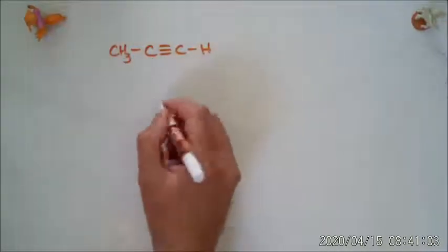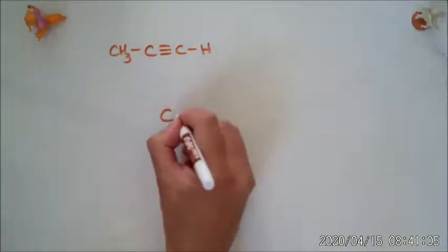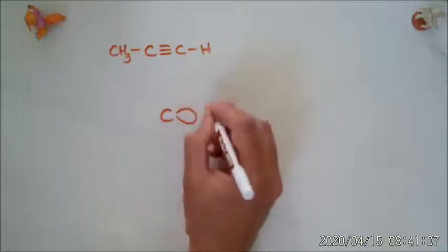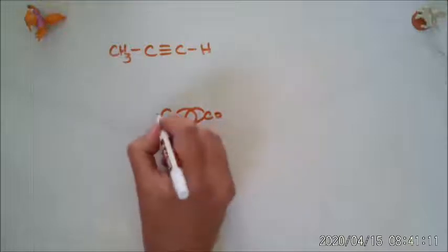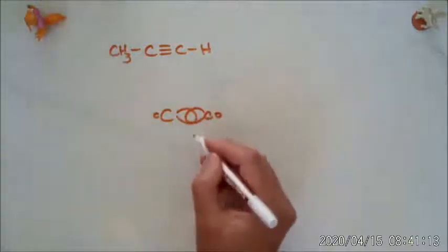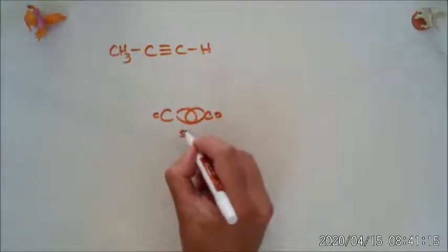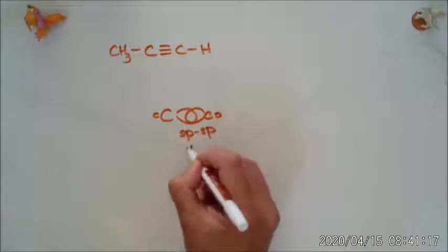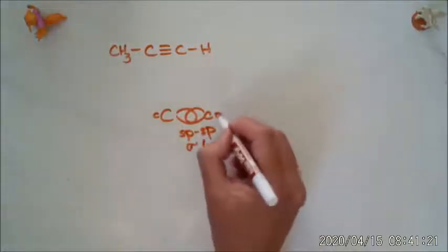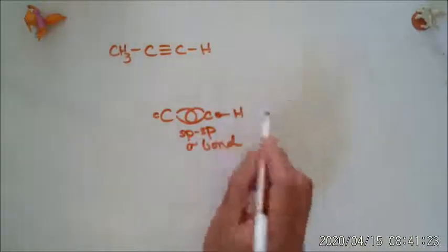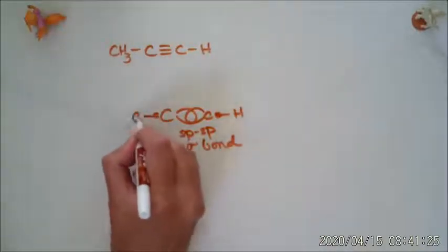I'm going to focus on that bond, of course. Here's my carbon, here's my carbon. I made them squatter because this is an sp-sp sigma bond. On this side, I'm just going to draw the line. This side I have a carbon.